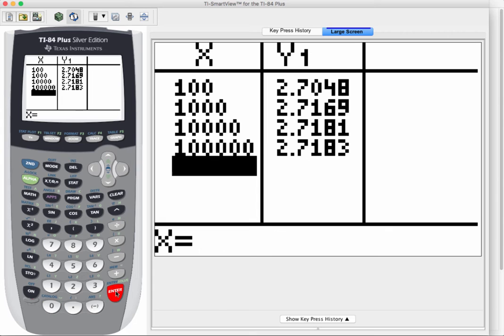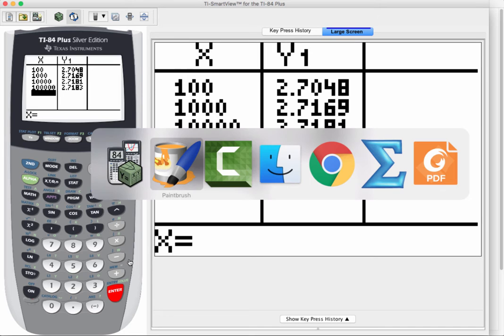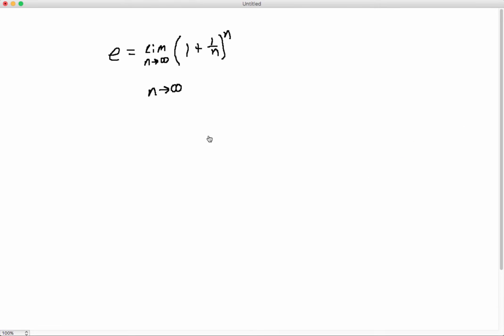We'll go to 100,000, and we're starting to get really close. So that's the idea: as n goes to infinity, as we push n to a really large number, this limit is going to approach the number e.